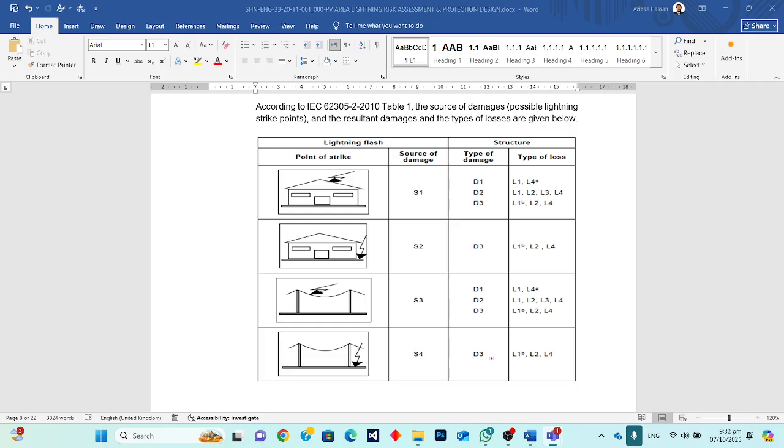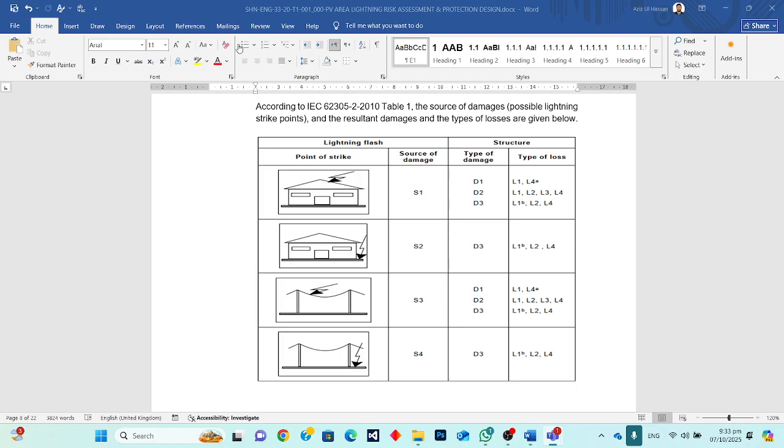When we calculate these sources of damage, they will create the same losses, and then we will see our calculations.